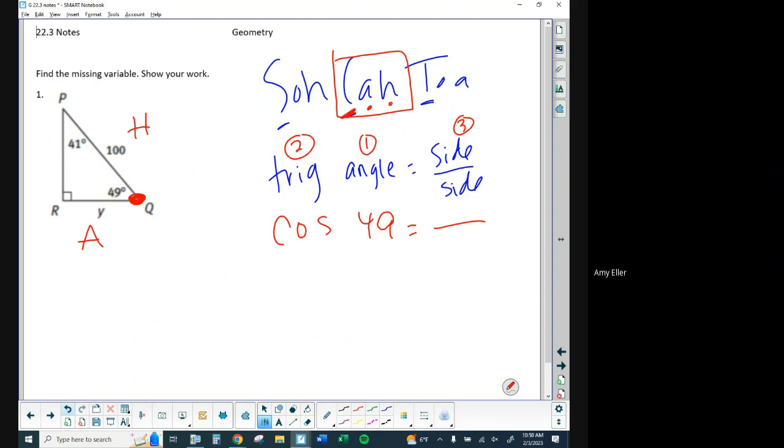Now we know what order to put the sides because SOHCAHTOA tells us the adjacent one, Y, has to come first. Make sure your Y looks like a Y, not a 4. It's a variable, not a number. And it says adjacent over hypotenuse, so 100.